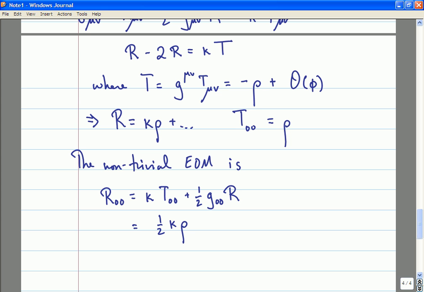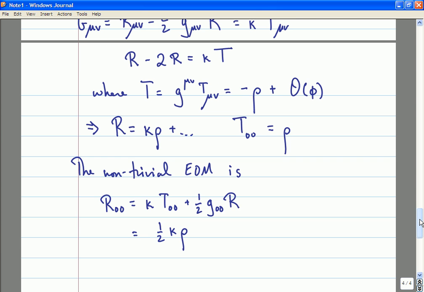So what we need to do is then compute. We have here something on the right-hand side of this equation which is proportional to rho. Just keep in your minds the fact that we're trying to rediscover the Newtonian equation for the gravitational potential. So we're already doing pretty well here. We have something on the right-hand side proportional to rho.